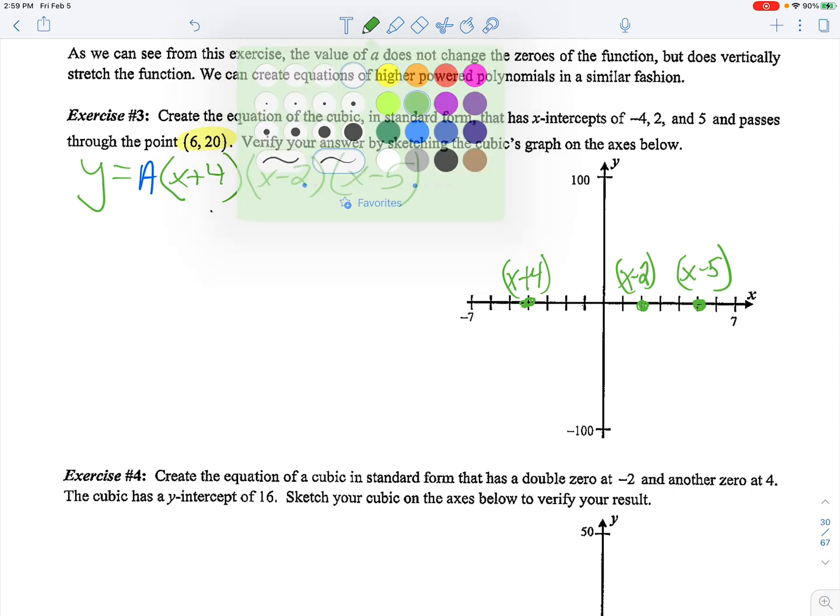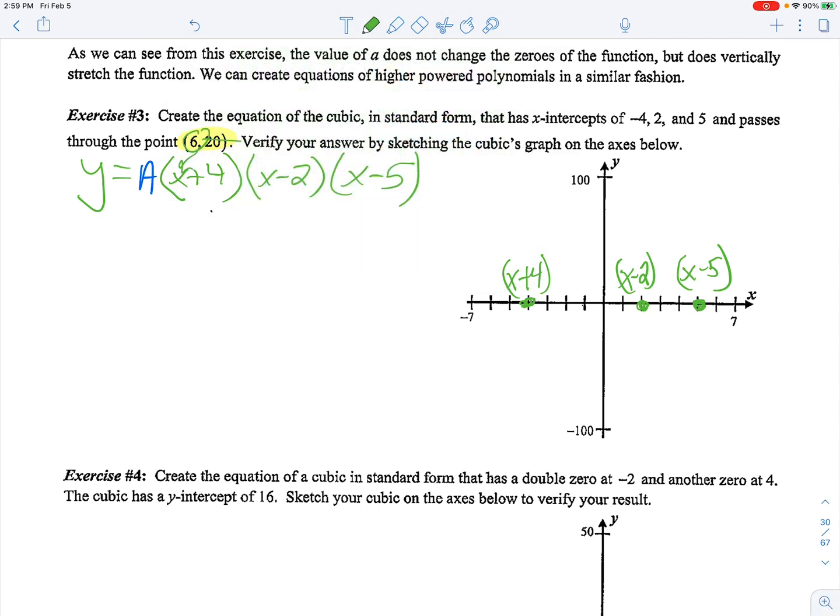In order to do that, we're going to take this point on the cubic that's not a root and plug it in for x and y. 6 is going to go in for x, and 20 for y.